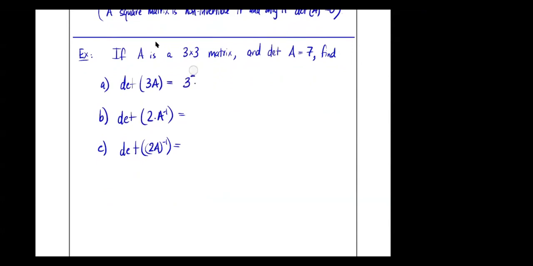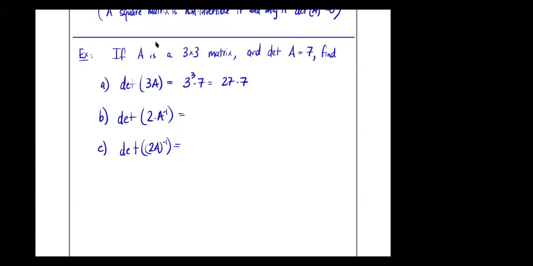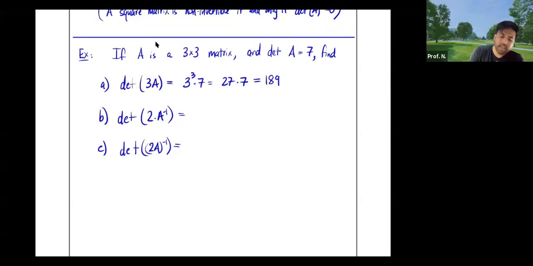It'll be 3 cubed times 7, which is 27 times 7. 189. Okay, thanks. And then next, what's 2 times A inverse?